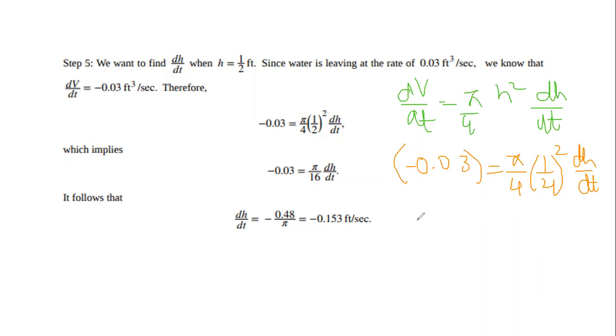So it will be minus 0.03 equals pi upon 16 dh/dt.